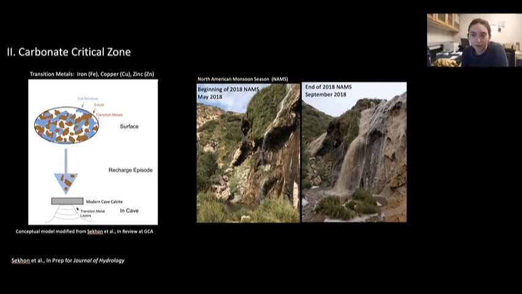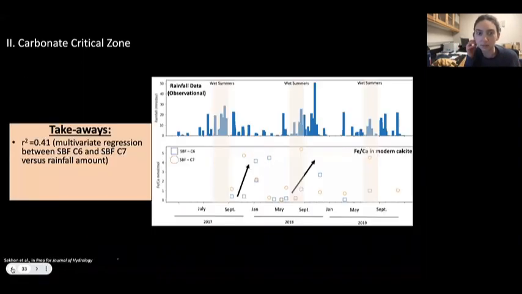Thanks for a great talk, Natasha. It's about the middle component. You mentioned how PCP affects barium. I was wondering if you measured that as well in the surface and drip waters, and if they behave similarly, like in those plots of strontium versus magnesium.